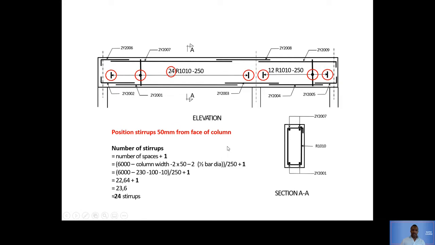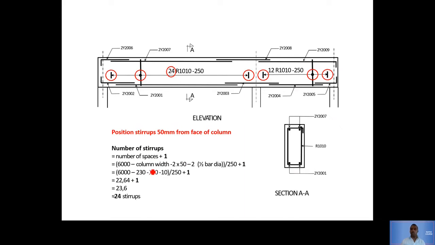Okay, number of stirrups, don't worry too much about the calculation, but this is just for the sake of understanding how you calculate. That's basically the number of the stirrups.